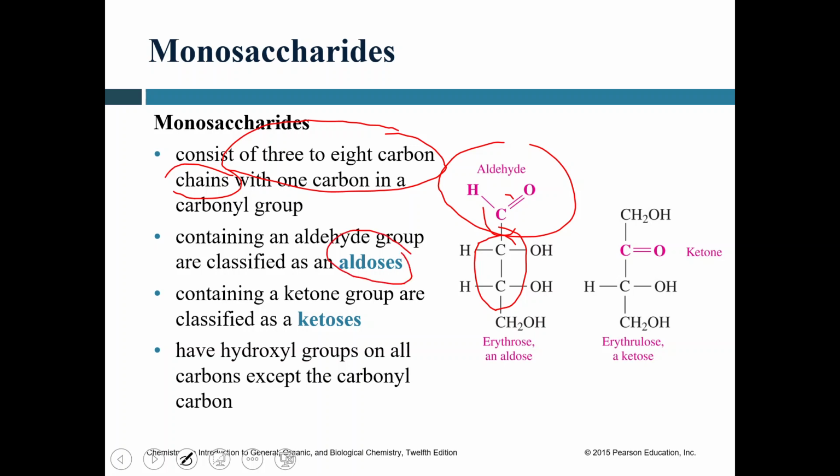If the carbonyl group in the monosaccharide is in a keto group or ketone group, we call such monosaccharides ketoses. Monosaccharides have hydroxyl groups on all other carbons except the carbon that is part of the carbonyl group, like this one.